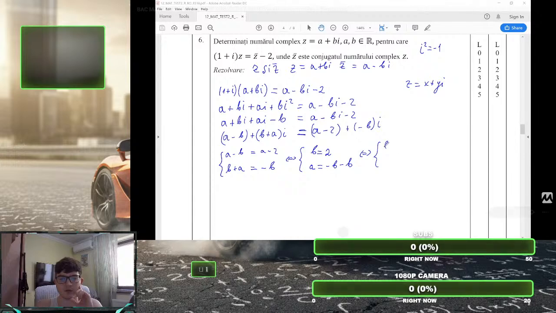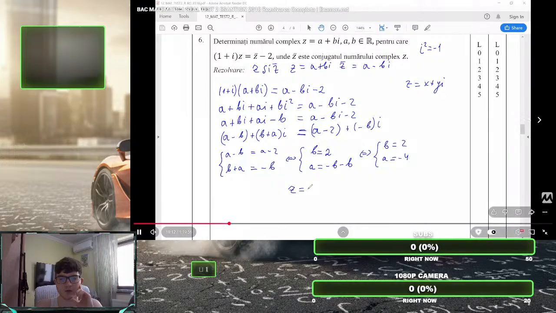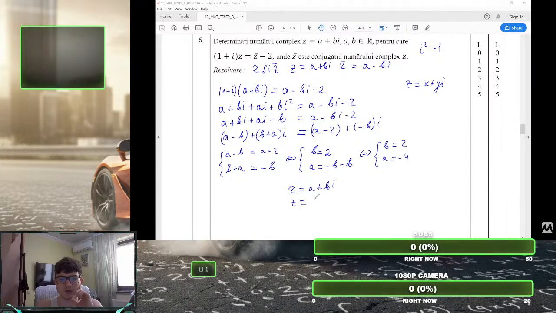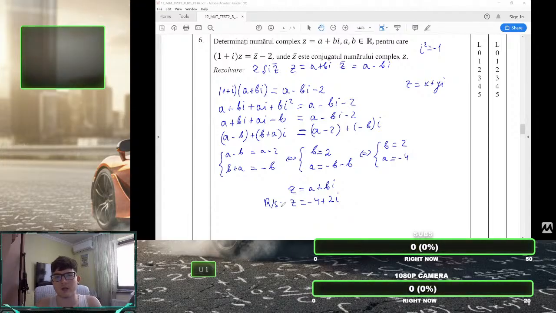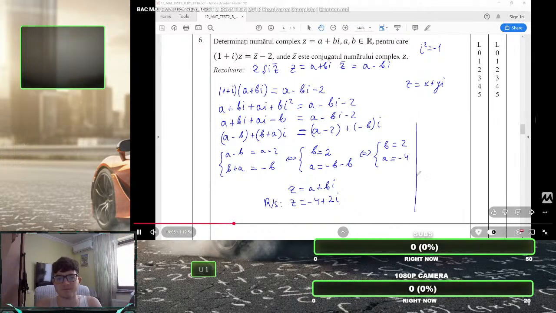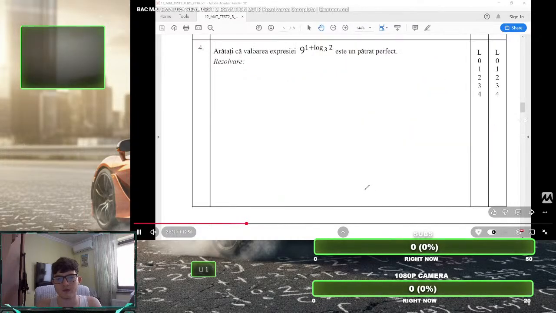So a is going to be minus 2b, so that is -4, and it's going to be -4 plus 2i. That is our complex number z, solved right here. And the explanation has been shown here, I guess.